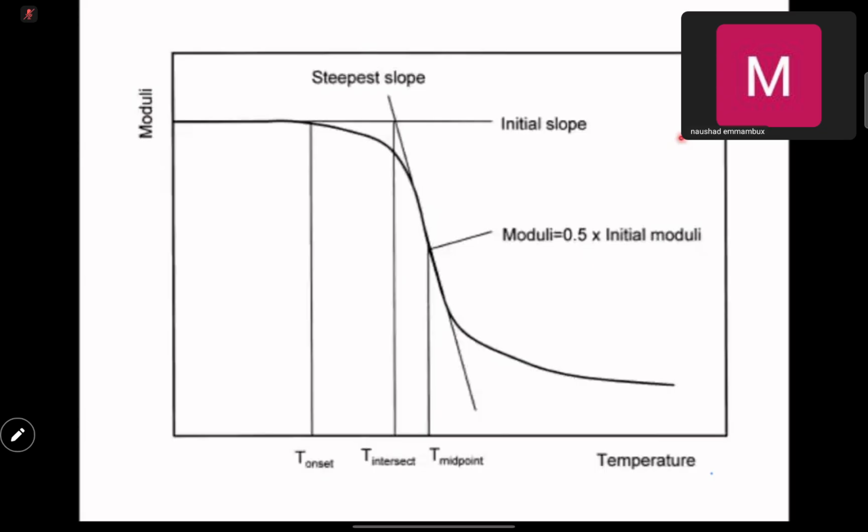One other example where you can use rheology is to estimate the glass transition temperature of food material. Glass transition is more or less about molecular mobility.